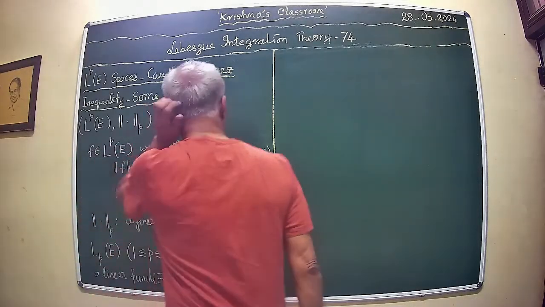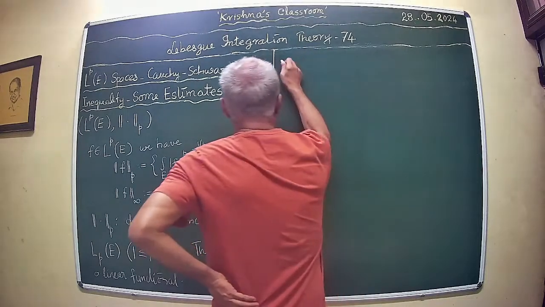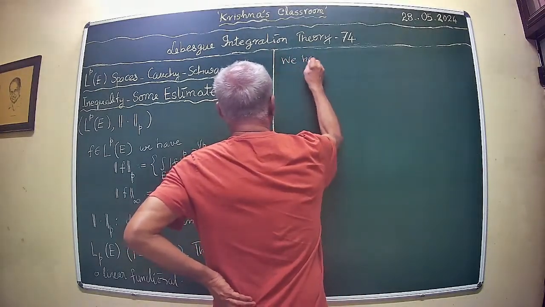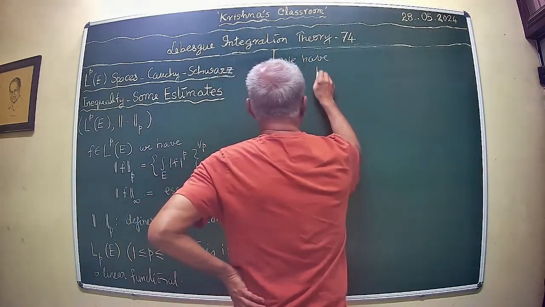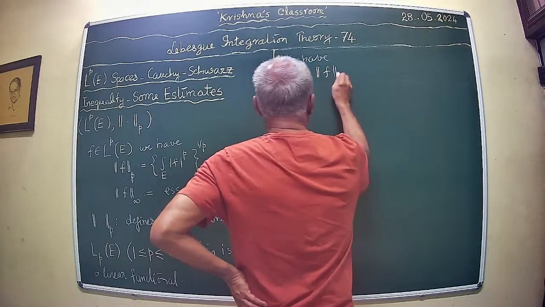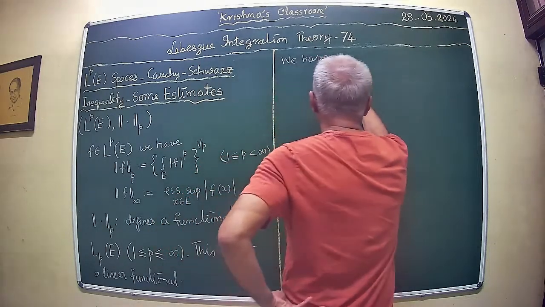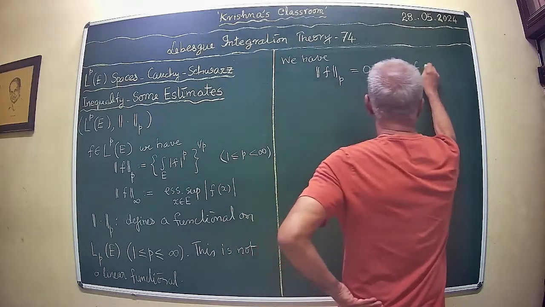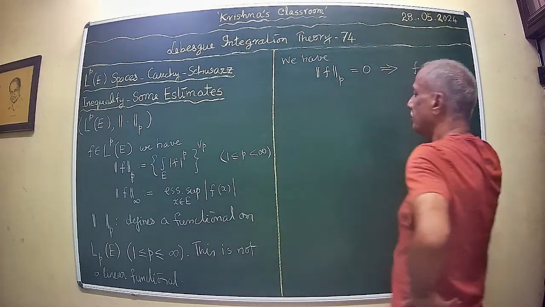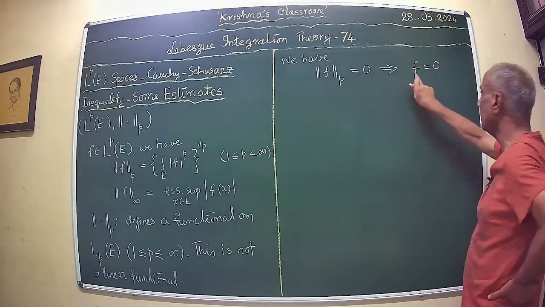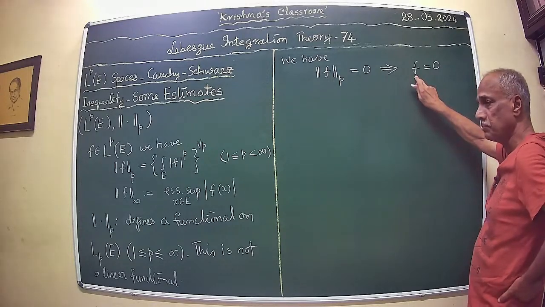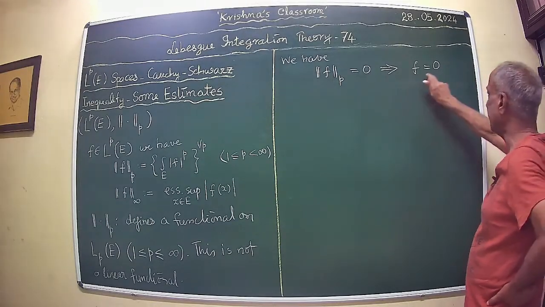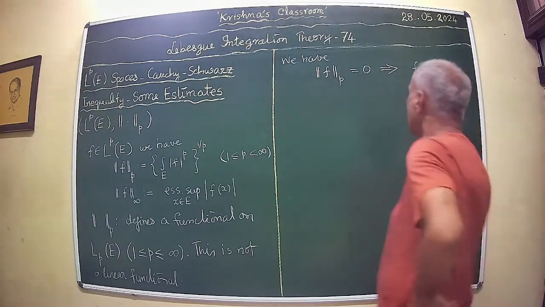But what we have proved is this. F equal to 0 means F belongs to the equivalence class containing the 0 element.